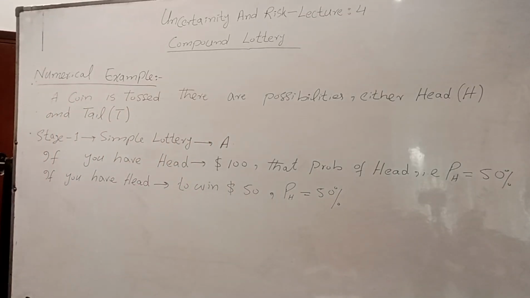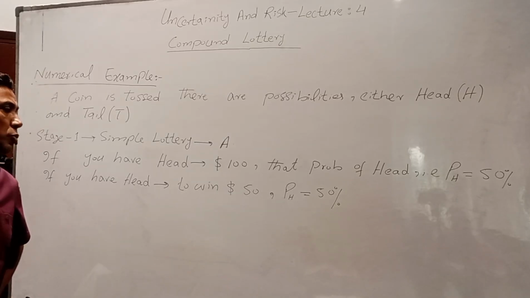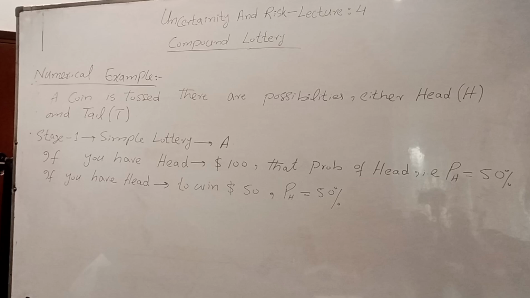What does it mean? Okay, there are two possibilities. If you have head, there is a 50% chance to have $100, and there is a 50% chance to win $50. Yes, these are the two possibilities in the case of lottery A.